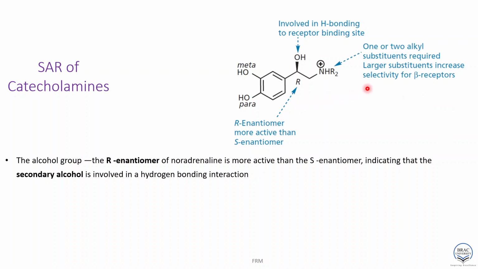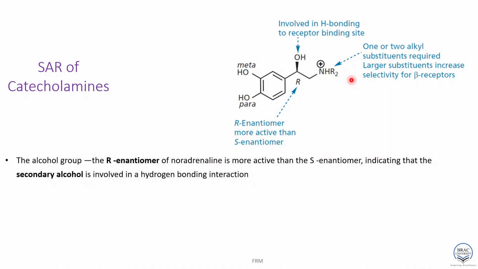Next, at this nitrogen substitution, one or two alkyl groups must be there, like R1 or R2, and one R alkyl group substitution should be there. And if we increase the length of this alkyl substitution, then it will increase the selectivity for the beta receptors.